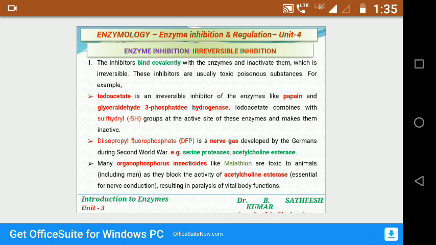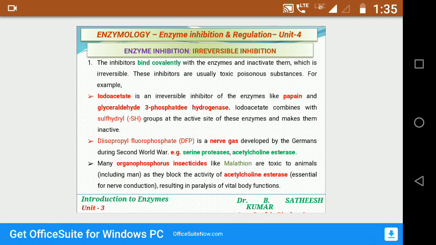For example, iodoacetate. Iodoacetate is an irreversible inhibitor of enzymes like papain and glyceraldehyde 3-phosphate dehydrogenase. Papain is a hydrolytic enzyme, and glyceraldehyde 3-phosphate dehydrogenase is one of the key enzymes in glycolysis.